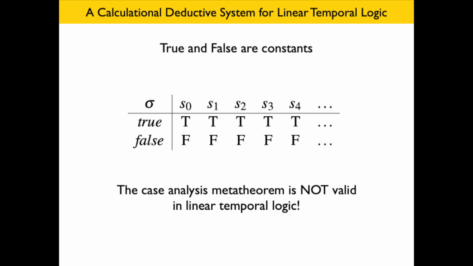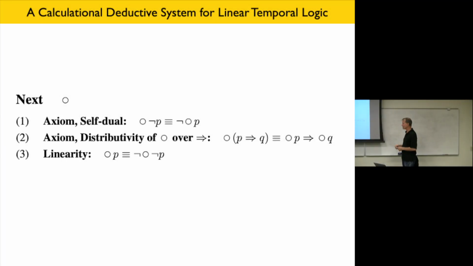And so if you tried to use case analysis with linear temporal logic, you would only be proving that the theorem was valid in two cases, namely when P is always true and when P is always false, and not for all the other sequences of T's and F's. So the bottom line is, you cannot use case analysis in linear temporal logic the same way we did in propositional calculus. So check it out, sports fans.